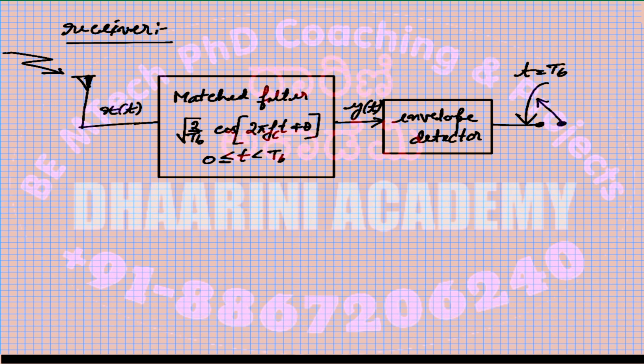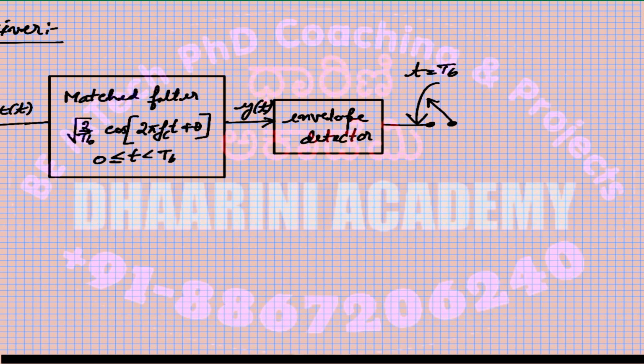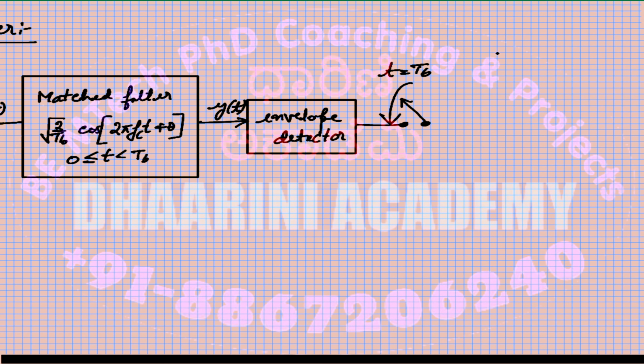And now this sampled signal will be passed through a decision making circuit. The decision is based upon a threshold.